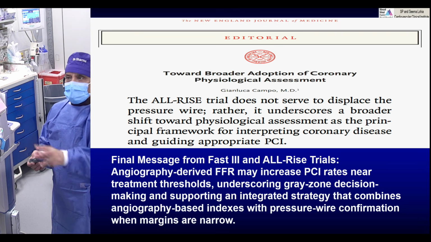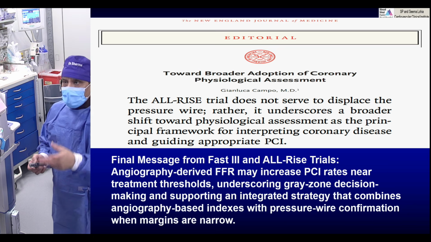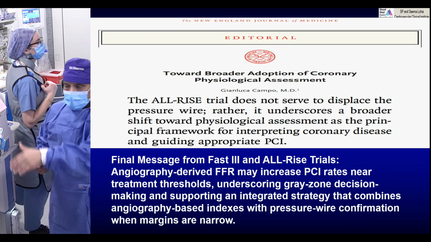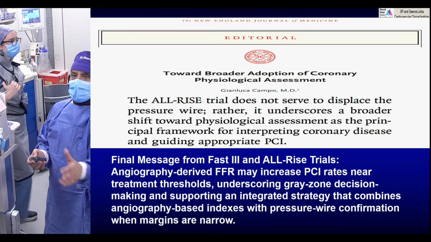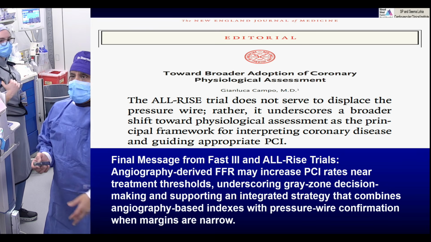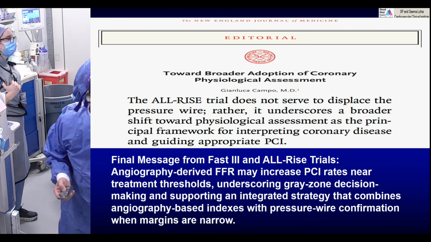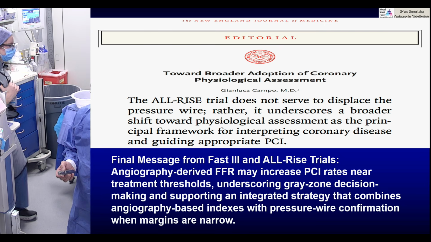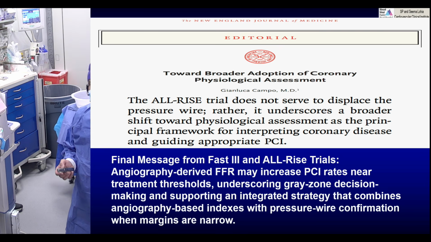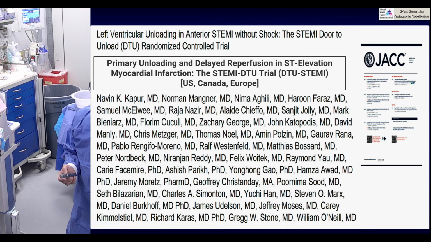It may increase the PCI rates because there is now less resistance to getting the IFR wire or FFR wire; now just with the angiogram it tells you about the FFR. So clearly it will appropriately increase the use of PCI in appropriate cases, and in some borderline cases you will need to do a pressure wire.